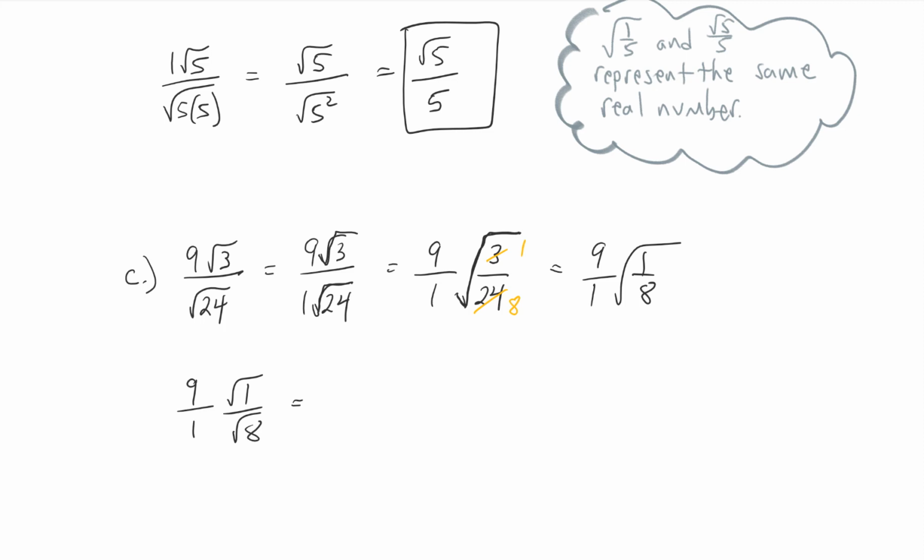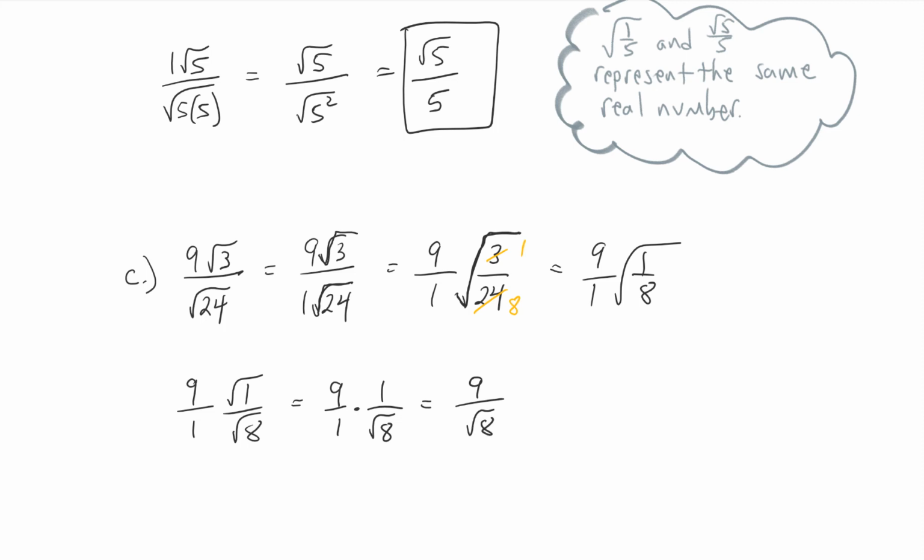So the principal square root of 1 is 1. Now all I have to simplify is the square root of 8. So that's what we've been practicing with. Top times top would be 9. Bottom times bottom would be square root of 8.